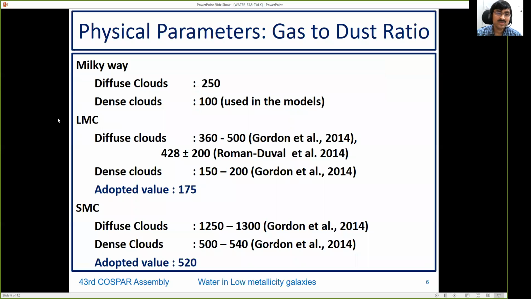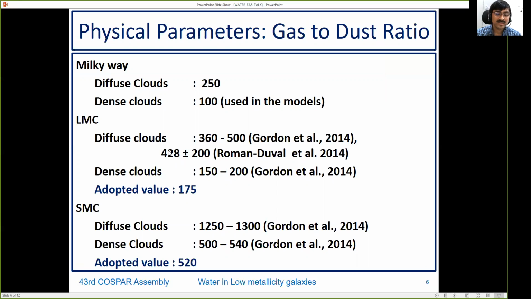In addition to this elemental aspect, another important aspect is the amount of dust present in the star-forming regions of LMC and SMC. As we will see in the results section, water is very efficiently formed on the surface of dust grains, so the amount of dust grains will also have some impact on the water abundance.